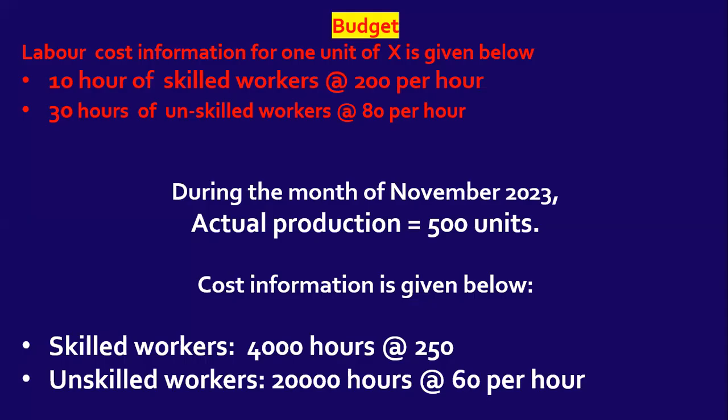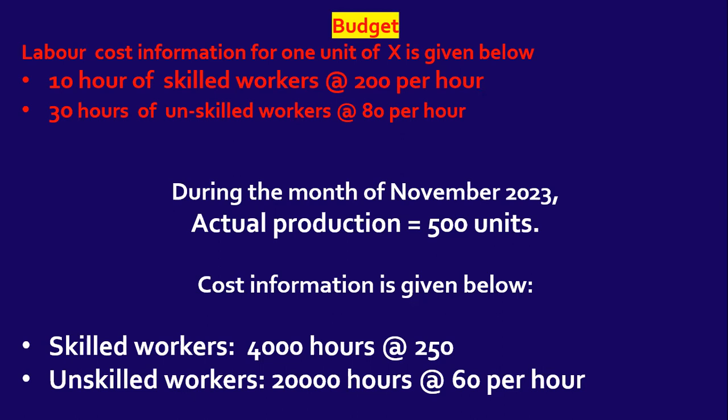In this case, for example, the cost manager and the production manager normally come together at the end of the month and undertake a review.